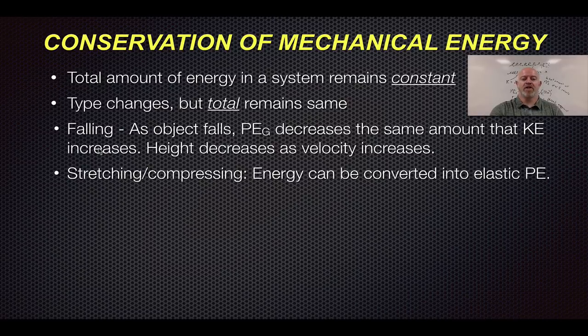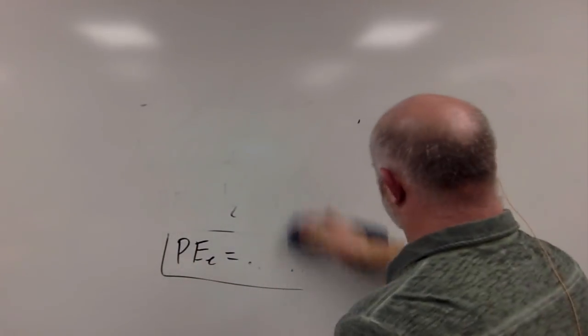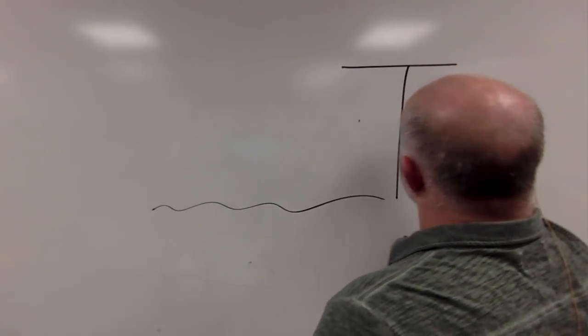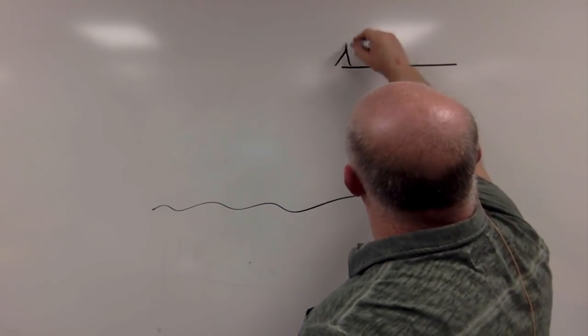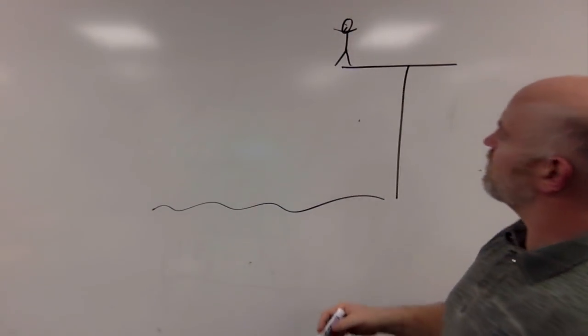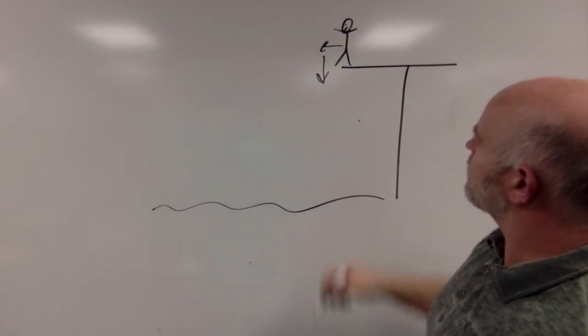If something is falling, okay, let's take a look at that. Let's do something simple like a diver off of a diving board. So if we have a person who's going to fall off a diving board, and they just step straight off the board and they start to fall, okay?